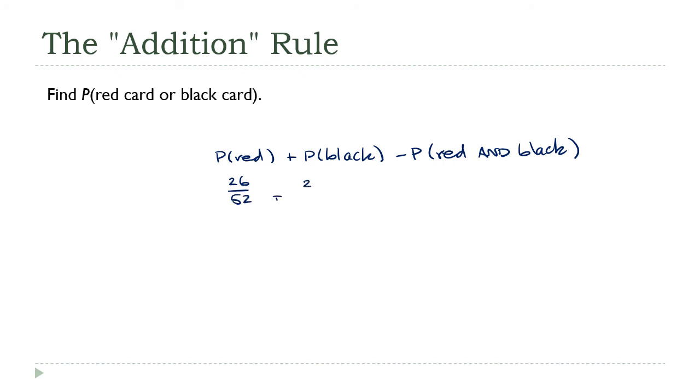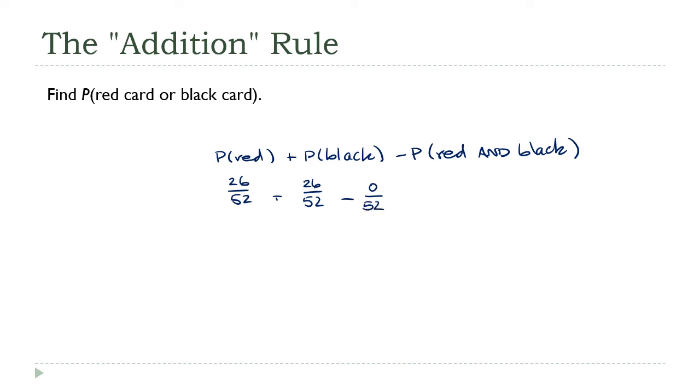Black cards, well, those are the other 26 out of 52. Now, how many cards are there that are both red and black? Well, there's 0. These two are disjoint events. They can't both happen at the same time. So this is 0 over 52.